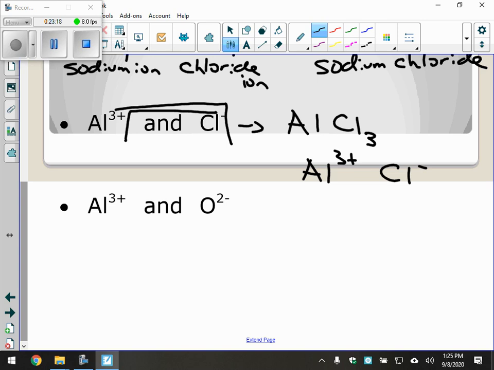No. What about now? Is the overall charge 0? What about now? 3 plus, 3 minuses, yes? Neutral. That's where swap and drop comes from. I know some teachers explain it this way. That's fine. That's what a swap and drop is, basically. So that's what we get there. This would be called aluminum chloride.